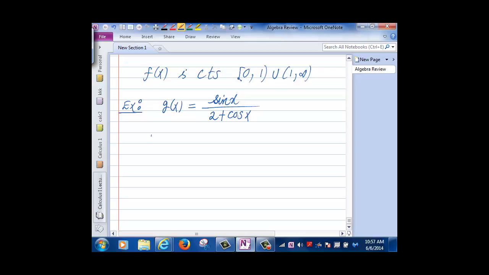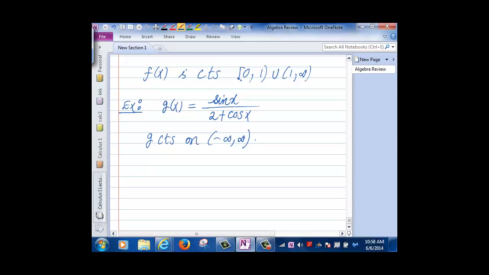So g is continuous on negative infinity to positive infinity. Everybody realizes that. It's continuous everywhere because 2 plus cosine x is always positive, because the lowest value of cosine is -1.